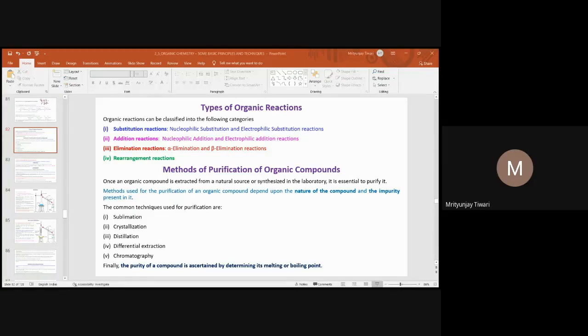Once the compound with the lower boiling point is collected, we heat the reaction mixture further to evaporate the liquid with a somewhat higher boiling point, and we collect that in a separate receiver. That is how we separate these organic compounds, and whatever is left over is just the impurities, the undesired products.